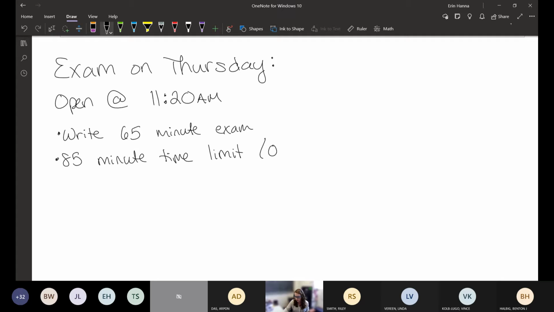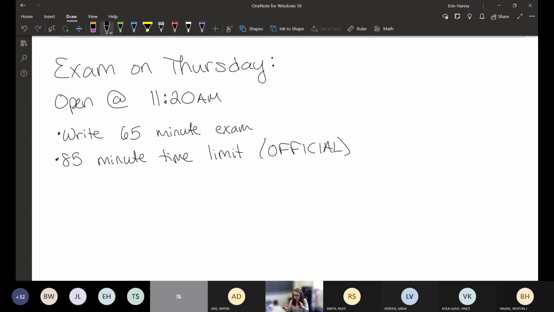And that's why I'm opening it early, in case you have somewhere to be after this class, like another class. You shouldn't need that extra 10 minutes, but I also know that sometimes taking things online, the computer can be dumb with loading and so on. So there's those extra 10 minutes.